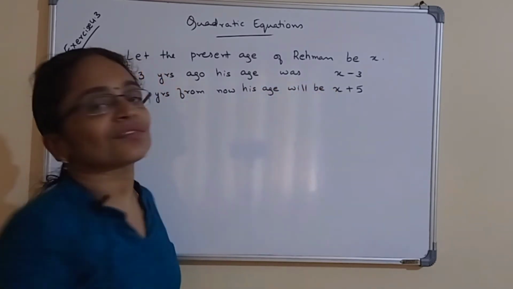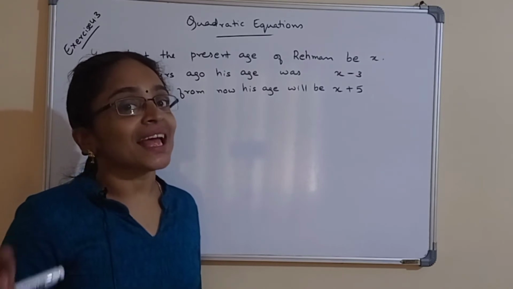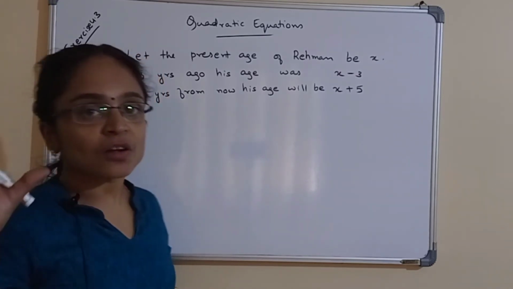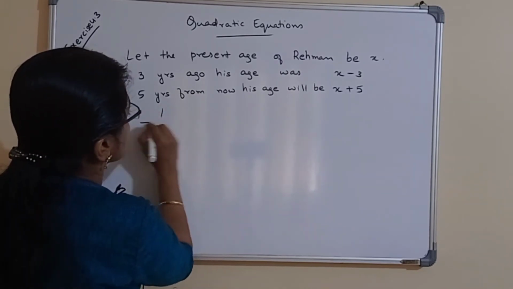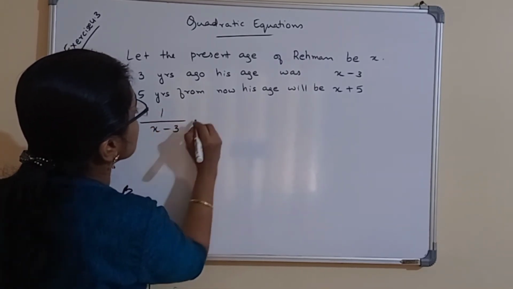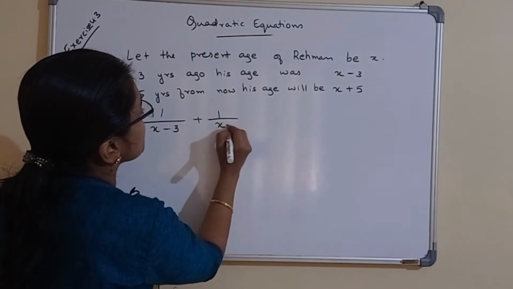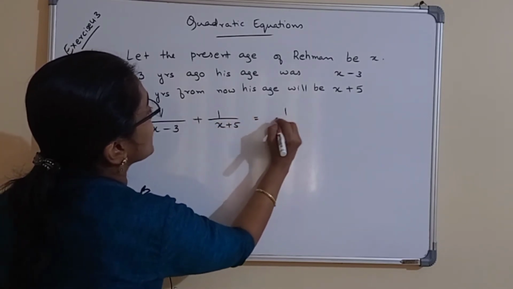Okay, and given that the sum of reciprocals of their ages 3 years ago and 5 years from now, that is 1 by x minus 3 plus 1 by x plus 5 is equal to 1 by 3.